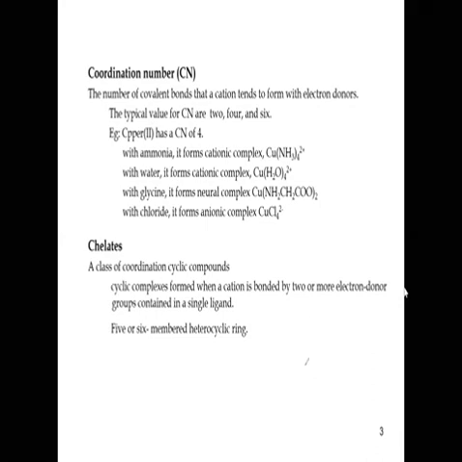So what it says, now you have the metal ion. How you get the cyclic complexes or chelates? When the metal ion is bonded by two or more electron donor groups contained in the same ligand, right? We showed it earlier like that. The same ligand, but it contains two electron donor groups here, this one and this one.